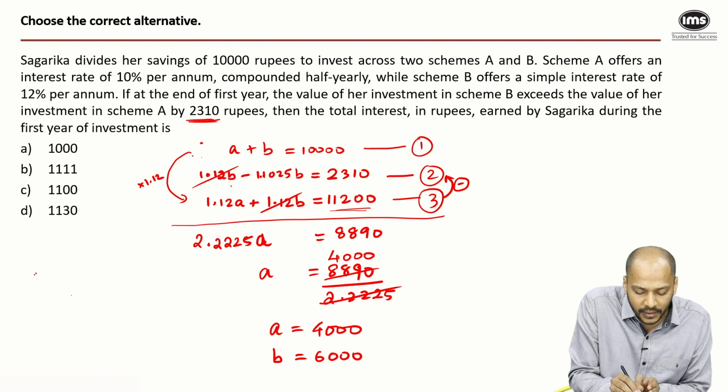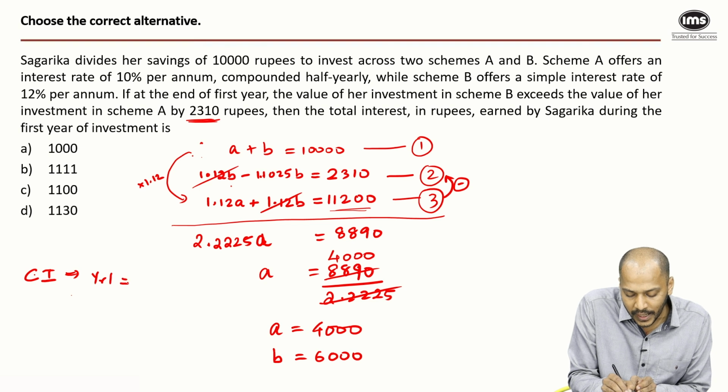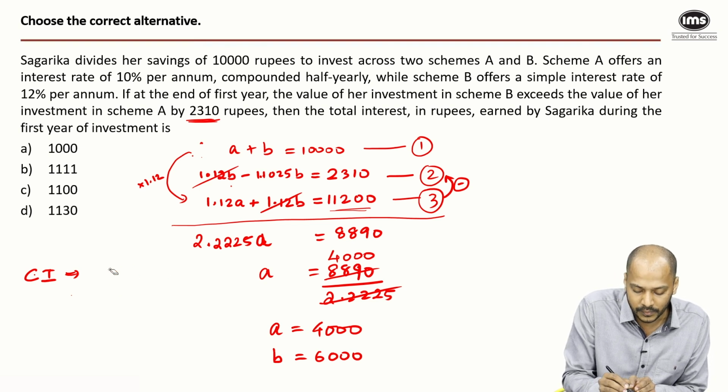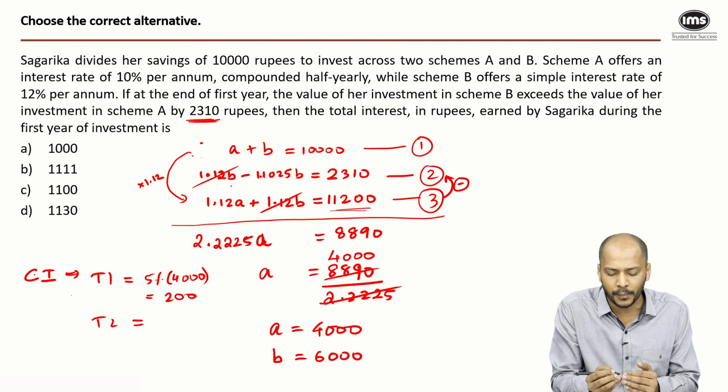So the compound interest that I'll earn on the 4,000, in period 1, in T1, the first 6 months, I'll earn 5% of 4,000. That will be 200. In T2, what happens in the second period of a compound interest?